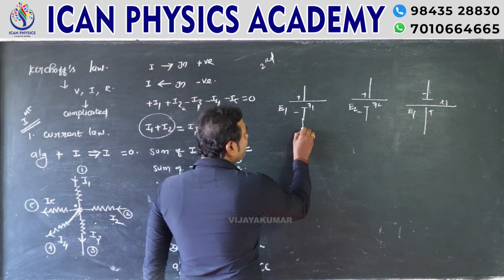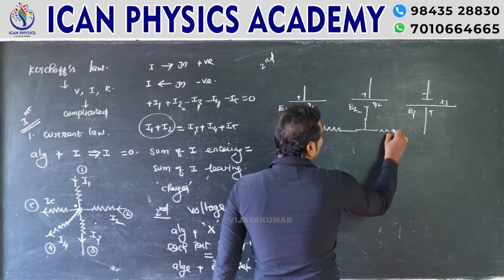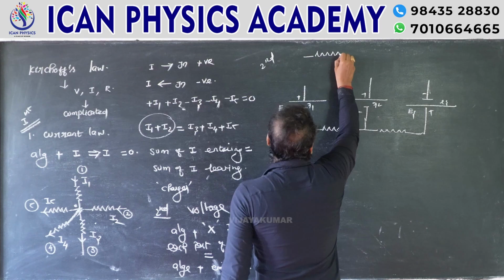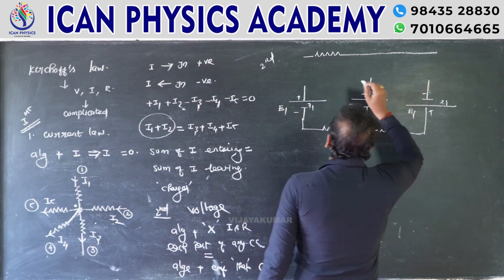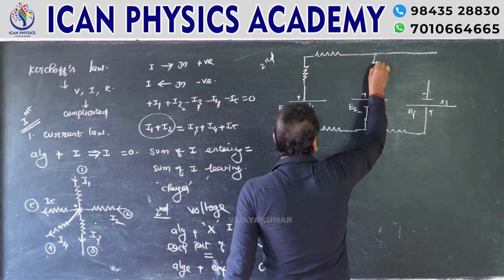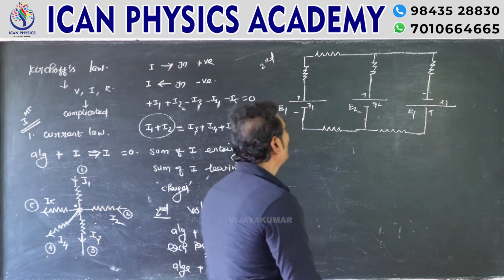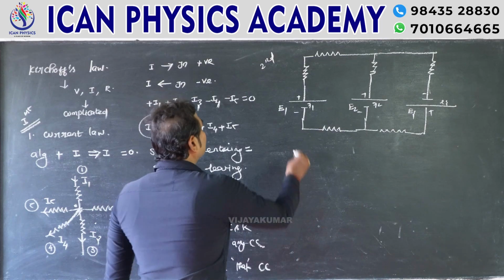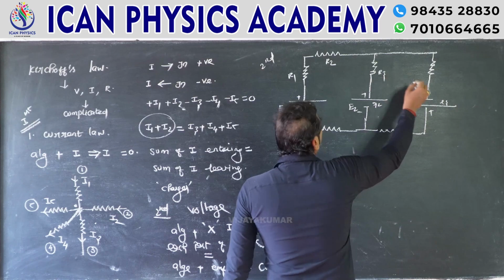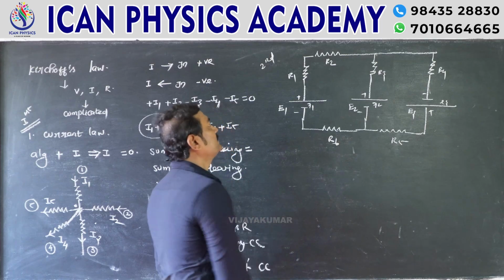Here between the two, a resistor is connected. Here between the two, a resistor is connected. At the top, you are having one resistor. Then we are having three resistors connected in between. So like that we are having a special circuit. Now we can give the name to the resistors: R1, R2, R3, R4, R5 and R6.